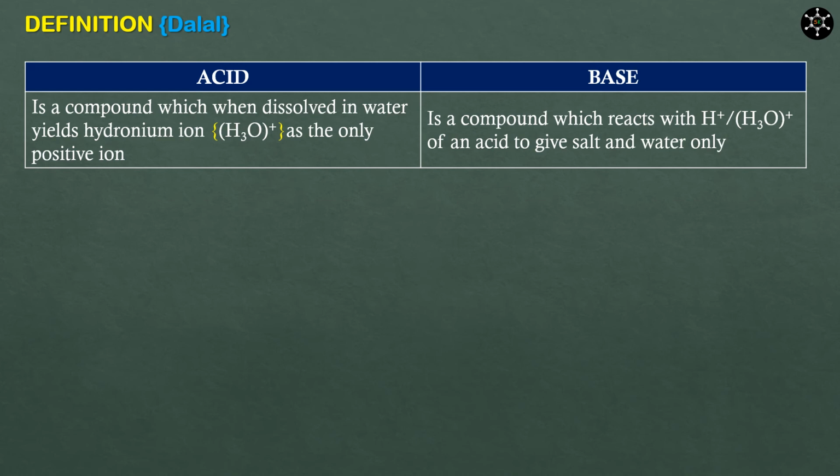One more definition for acid and base is given in Dalal textbook, which complements the definitions we have already learnt. According to these definitions, acid is a compound which when dissolved in water yields hydronium ion as the only positive ion. Base is a compound which reacts with H+ or H3O+ of an acid to give salt and water only.